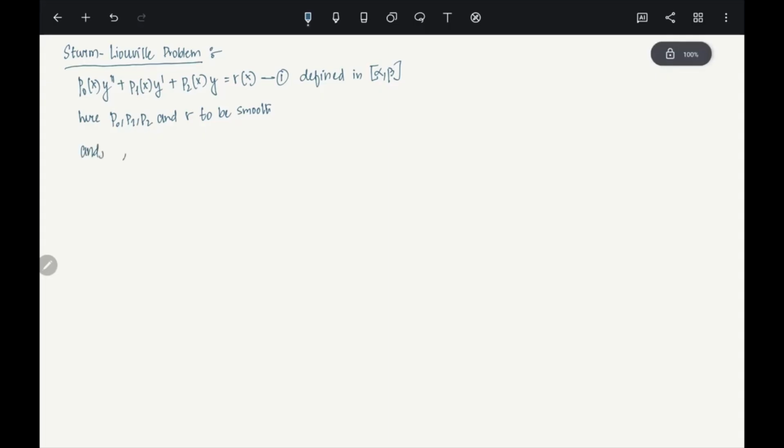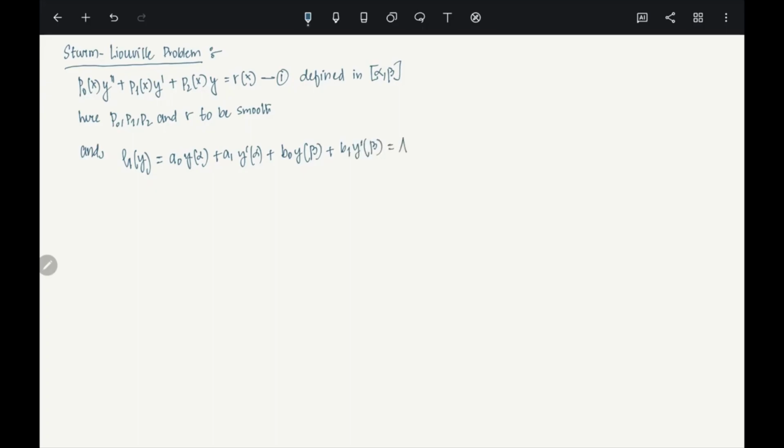What is the boundary data? First of all, we'll call it L1 of y, which is given by A naught y at the point alpha plus A1 y prime at the point alpha plus B naught y at the point beta plus B1 y prime at the point beta.